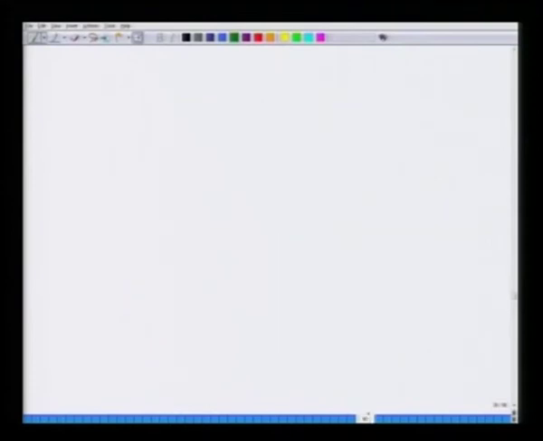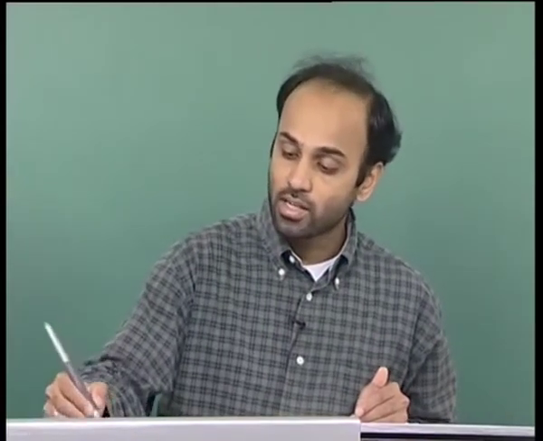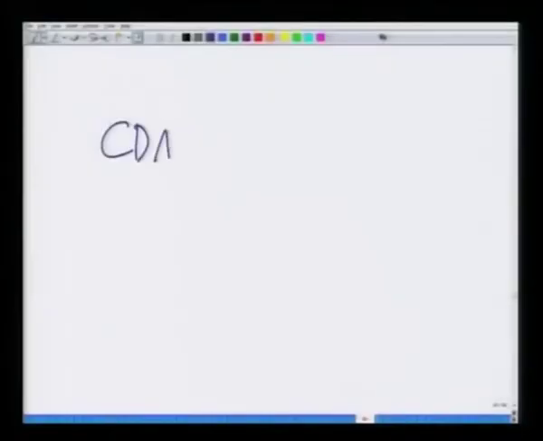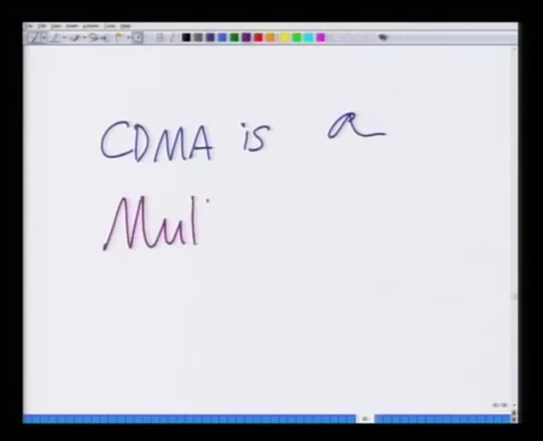As the name implies, CDMA is a multiple access technology. Remember, CDMA stands for code division for multiple access. Hence, CDMA is a multiple access technology.